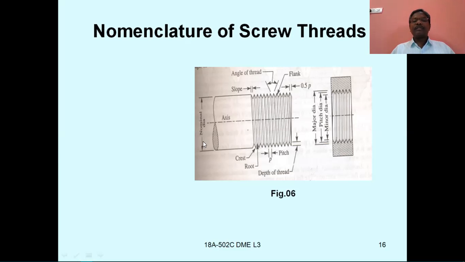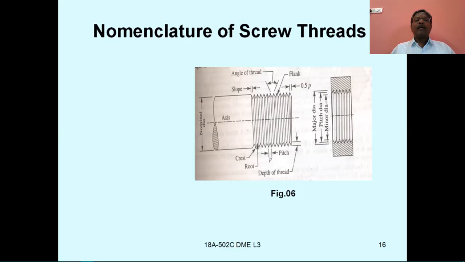Here are some definitions: number one, nominal diameter, which is also called major diameter, and minor diameter, also called core diameter or root diameter, and the crest, root, pitch, depth of thread, and flank, angle of thread, slope, and pitch diameter. Another is the lead definition, and another is effective diameter. These are some definitions we need in the nomenclature.